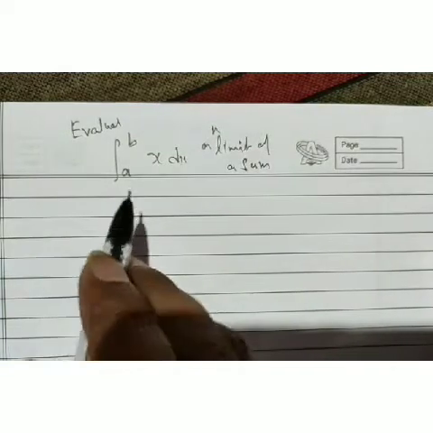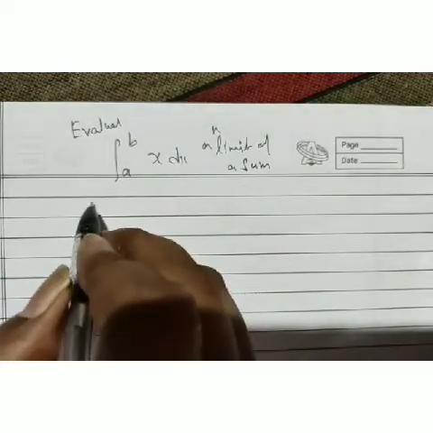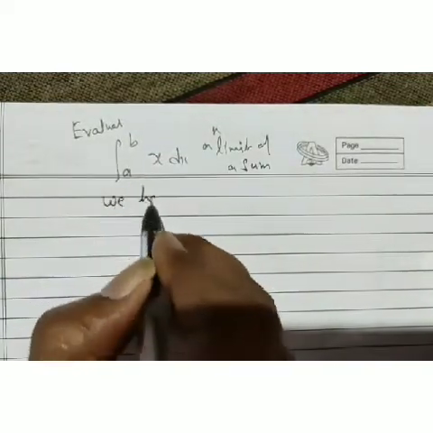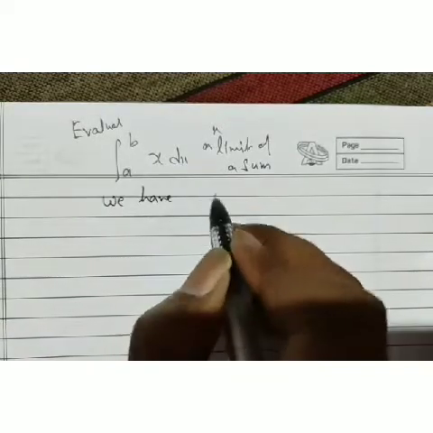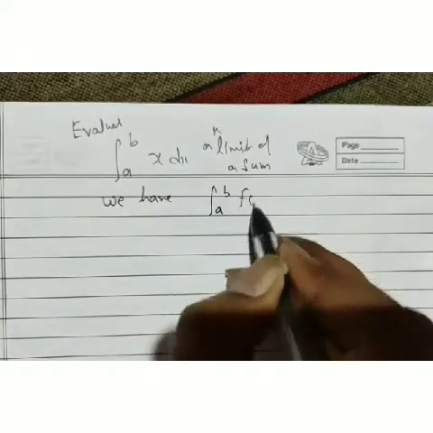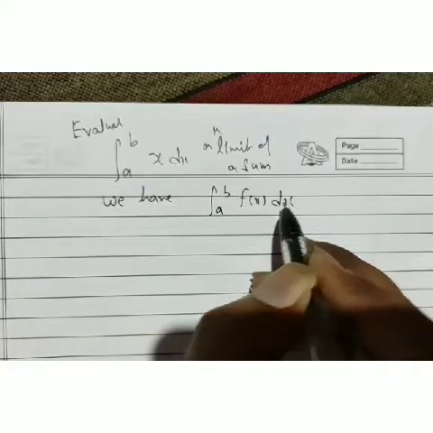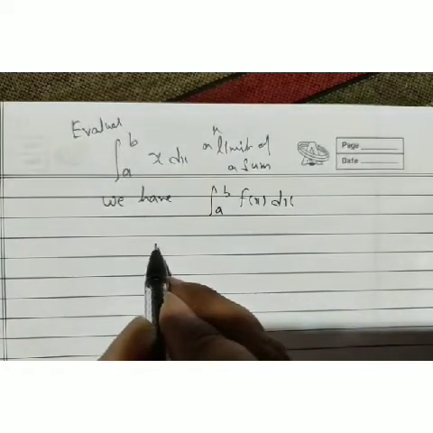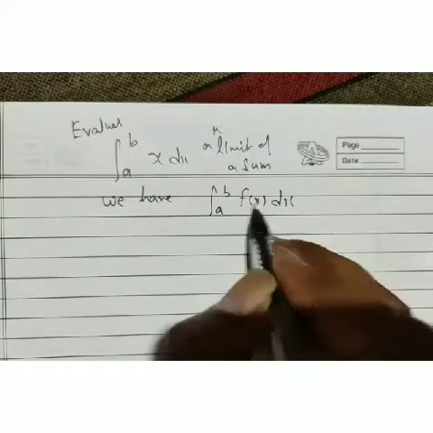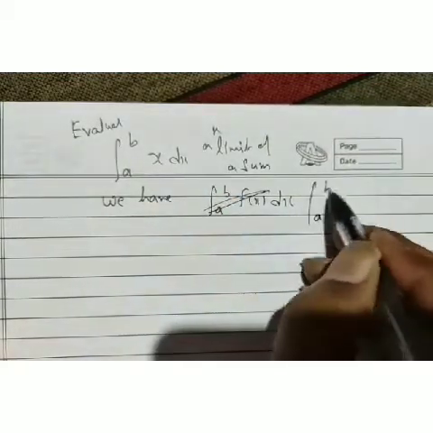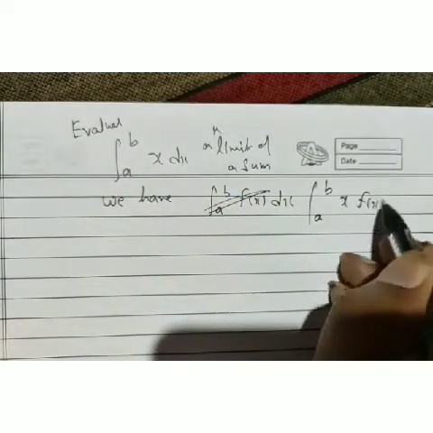Then again we start with the integral from a to b of f(x) dx. Now, sorry, we have the question here, the integral from a to b of x dx.